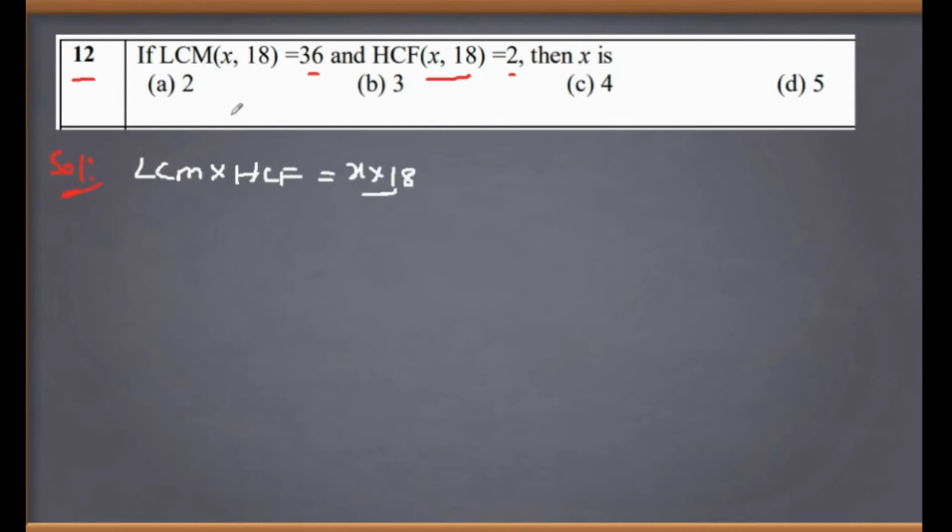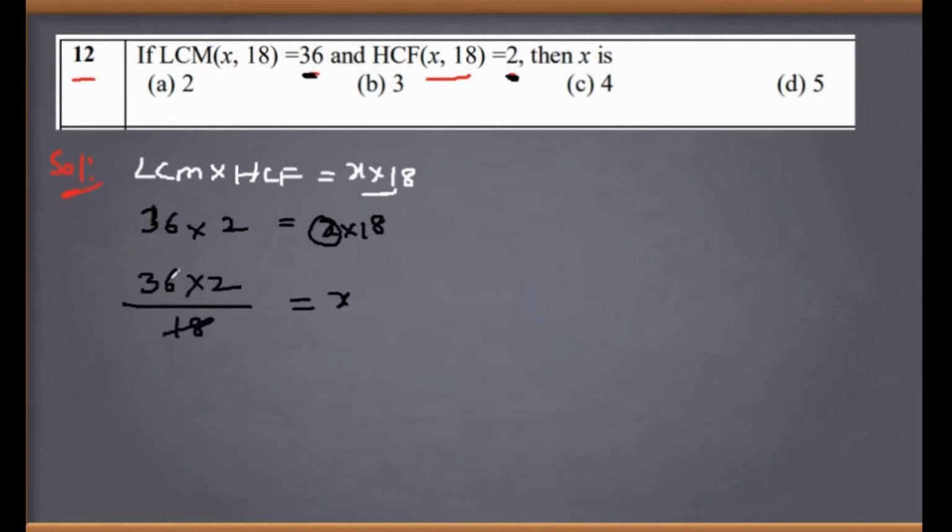So LCM is given as 36 and HCF is 2. We'll replace in the formula. So 36 into 2 will be equal to x into 18, the product of the two numbers. As we require x, we will send 18 to the other side, which will become division. 18 ones are 18, 18 twos are 36. So x value will be 2 times 2, which is 4. Correct option for the 12th question is 4.